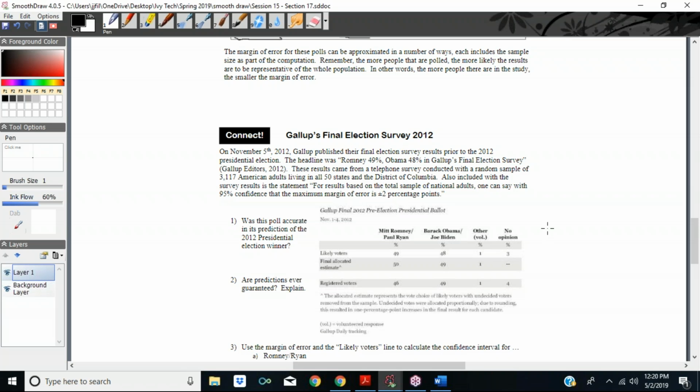We're going to look at this election survey from 2012. I'm going to stop there first though, and just see if we have any questions before I do this full example with all the questions involved that we've looked at so far.